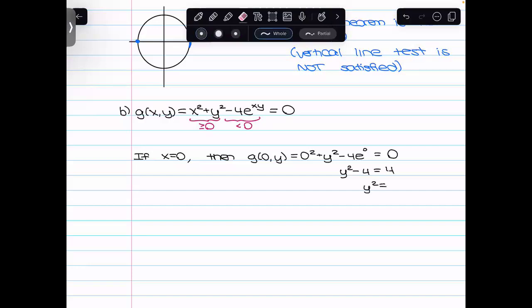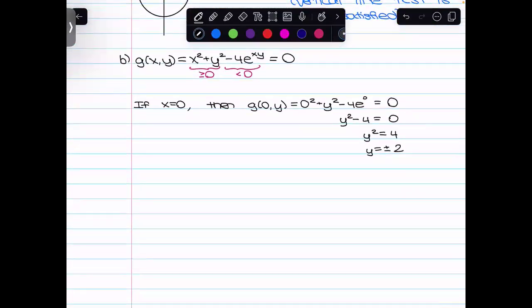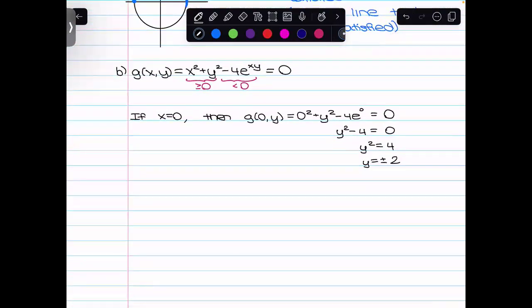Sorry, what did I write here? We actually have 2 solutions. So we can already see that there are at least 2 combinations of x and y that make this equation hold. And you could easily see that if you switched it around and made y 0, you would also have the same kind of thing for x. So actually we have at least 4 solutions.